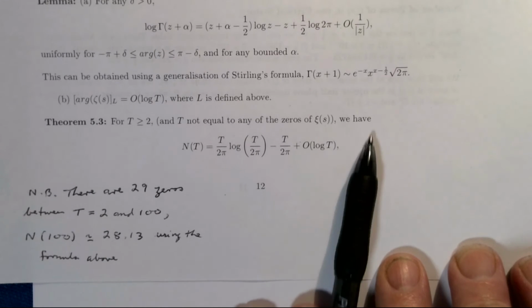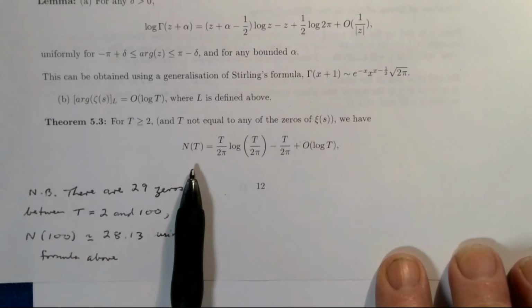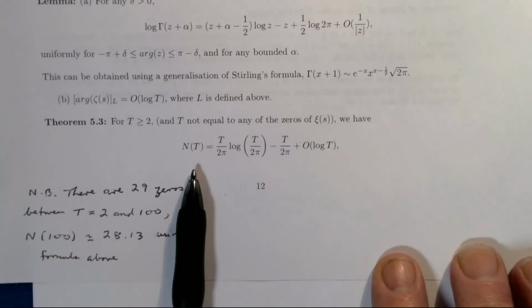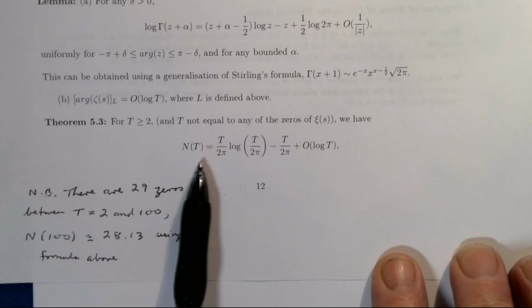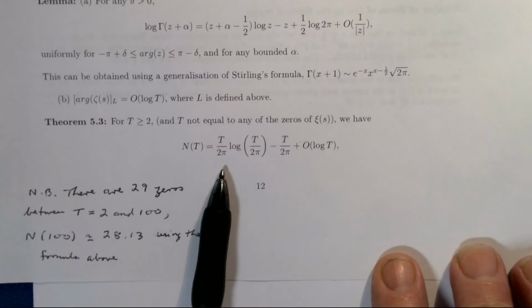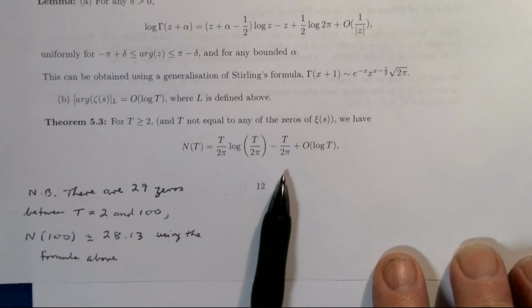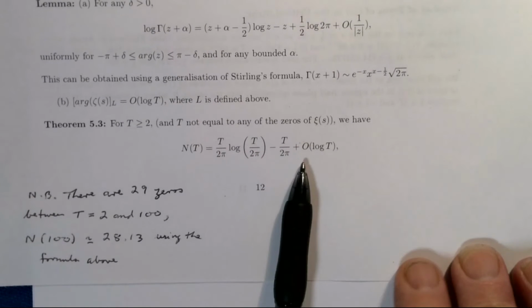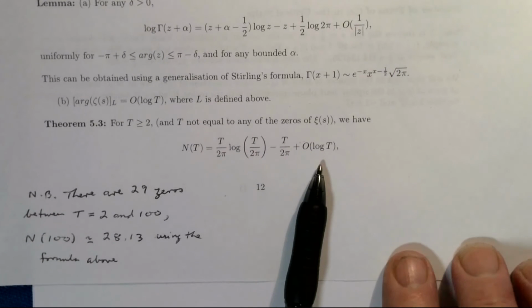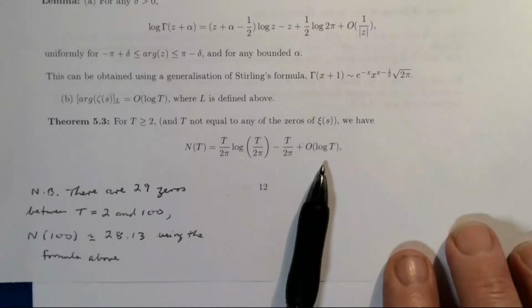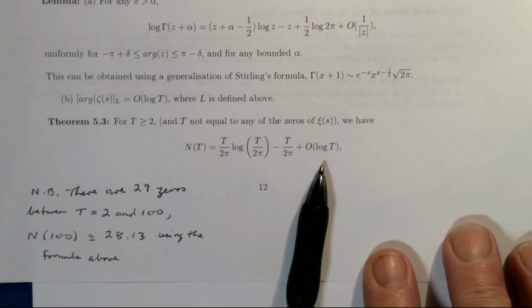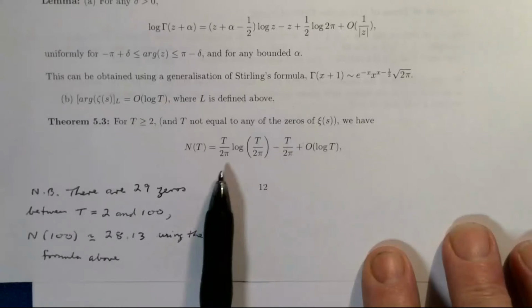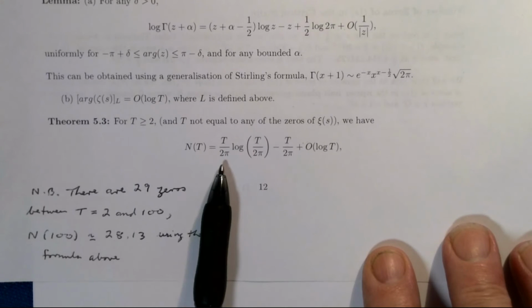So here's our formula for n of t. This is the number of zeros inside the rectangle. It's t on 2 pi log t on 2 pi minus t on 2 pi plus, well, big O log t. Now this tells us a number of interesting things. Firstly, we notice that if t goes to infinity, this term will dominate, and so this goes to infinity as well.